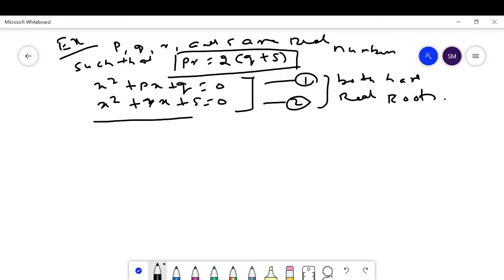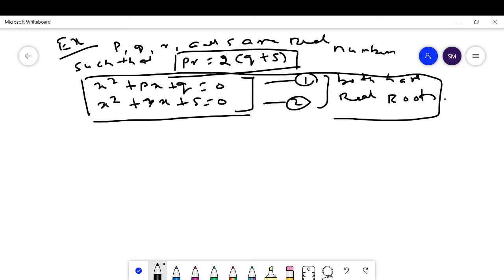You know, students, when D is greater than or equal to 0, we can find real roots. So both equations have real roots. Then let us prove.